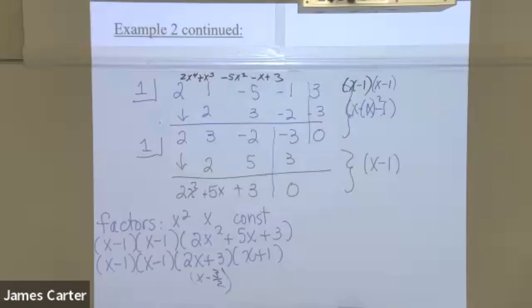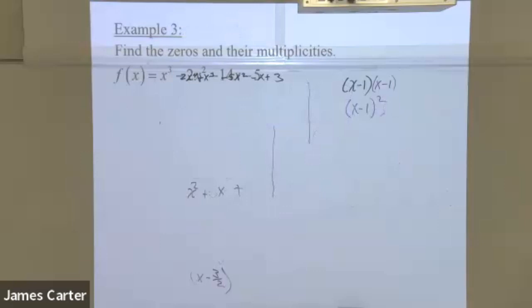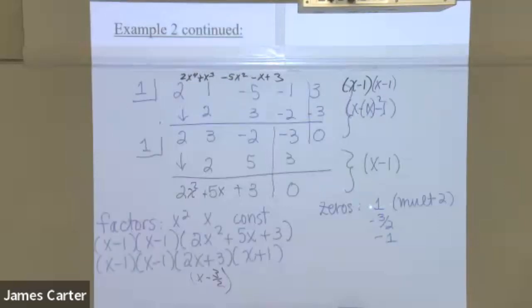So that's what your roots are on this thing. And that would give you a 0 of 1, multiplicity 2, of -3/2, and also -1.